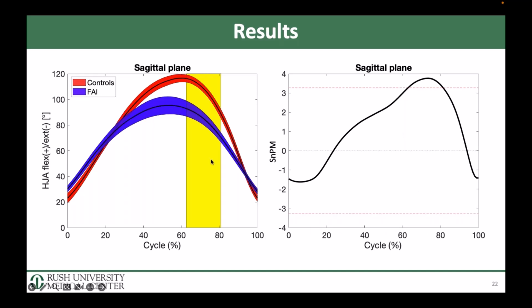And so you can find this correspondence also in the graph on the left-hand side, which is marked by this yellow area. The yellow area is where there is some statistically significant difference between the 2 curves, the blue one and the red one. And in the next slide, I will show graphs just like the one on the left-hand side of the slide.